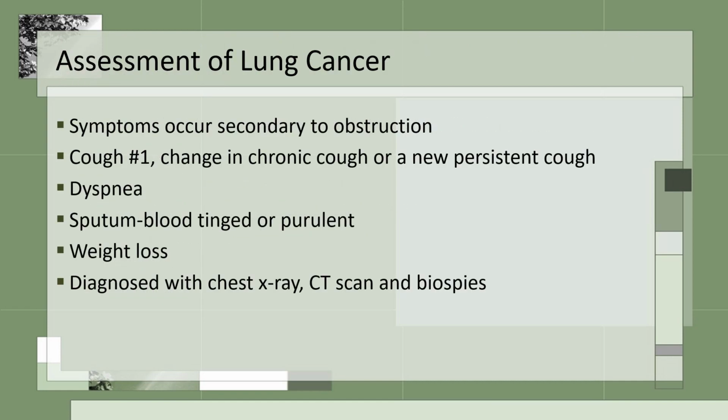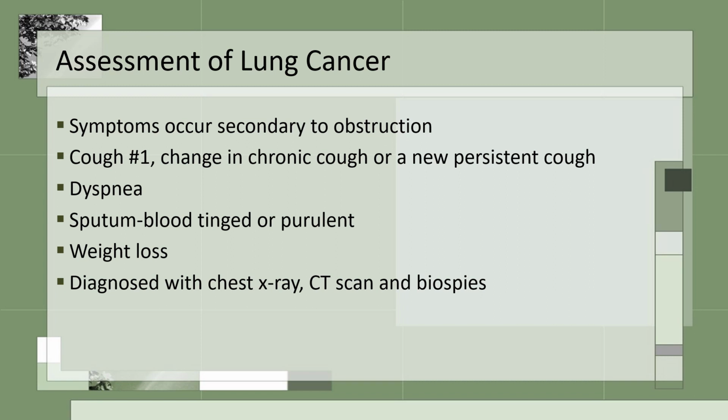The important thing to understand in lung cancers, the symptoms occur secondary to obstruction. So that tumor is obstructing the airway and obstructing perfusion in the lung. So cough is the number 1 change. It's usually a change in a chronic cough or a new persistent cough that is the first symptom that people notice.